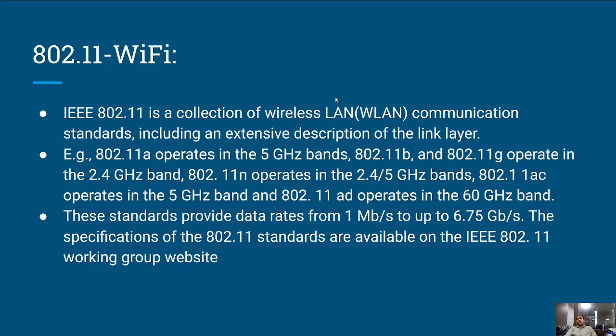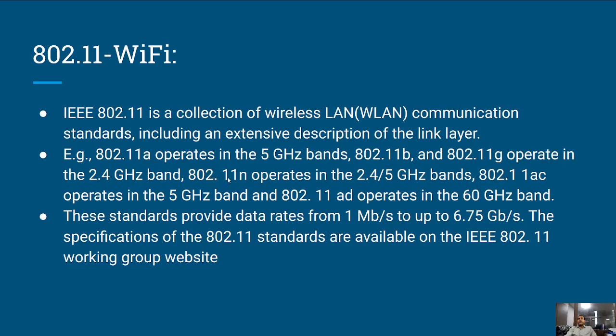The next protocol is the 802.11 or Wi-Fi. It is basically a collection of wireless LAN communication standards, including an extensive description of the link layer. It normally operates in the 5 GHz band if it is IEEE 802.11a. Similarly, if it is IEEE 802.11b or g, it operates in the 2.4 GHz band.